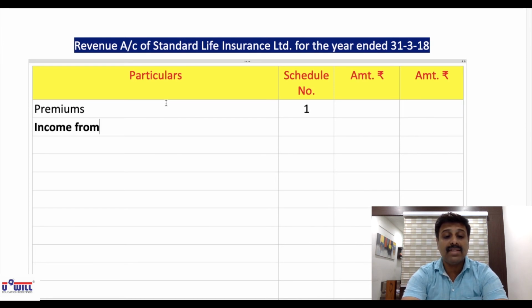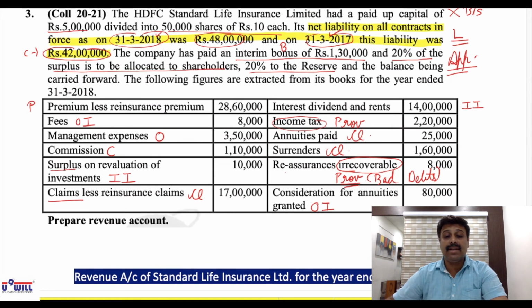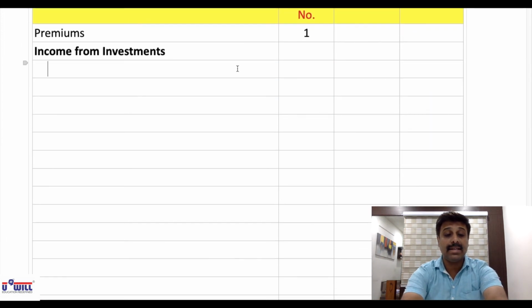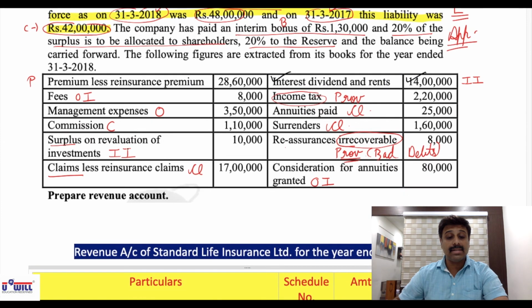Income from investment. All the items marked as II. First we record this interest, dividend and rent. That is 14 lakhs. So all of you write down interest, dividends and rent 14 lakhs in inner column. Then after interest, dividend and rent, II marked is this surplus on revaluation of investments.